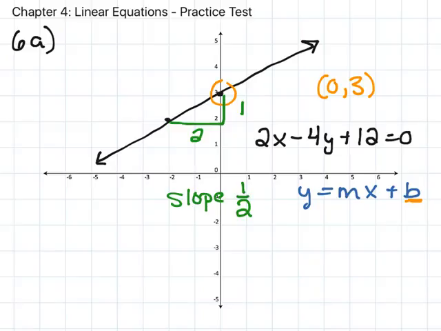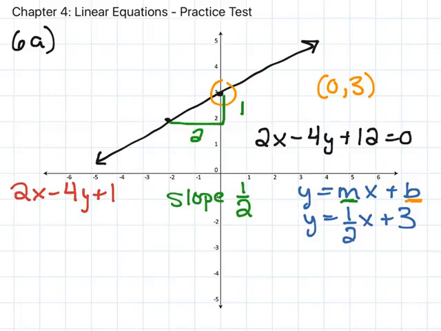So this is your y-intercept, this is your slope, so it would be y equals half x plus 3. So we can check this, which I'll do over here in red. You can take your equation and rearrange it so that it's in the correct form. So we can do this by setting it equal to y.